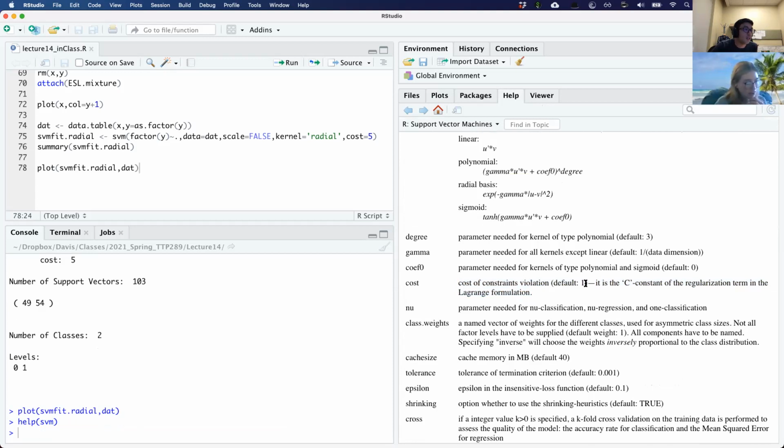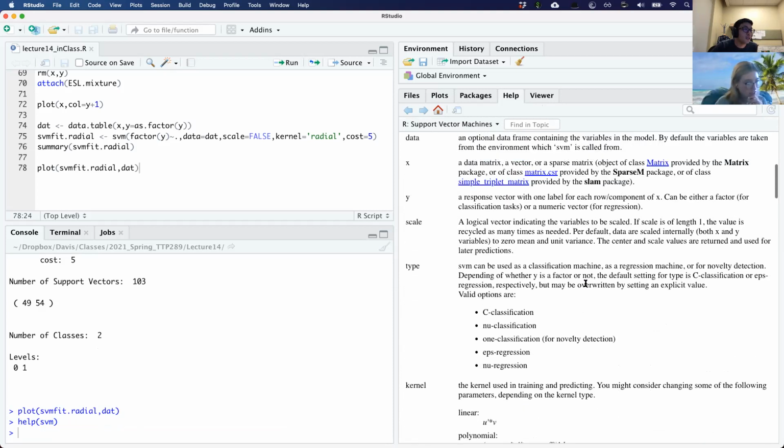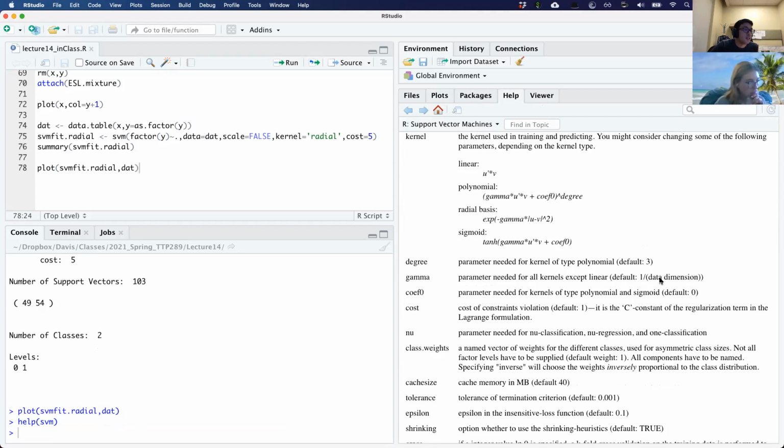Hang on. So that is the C that we're talking about, but it shouldn't be exactly the same. I mean, it obviously isn't in this case, right?